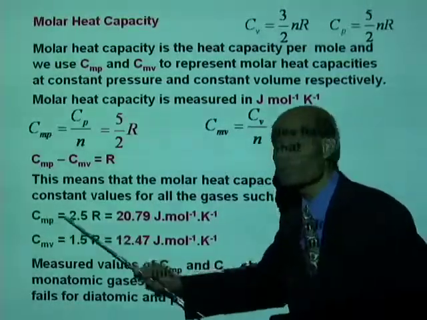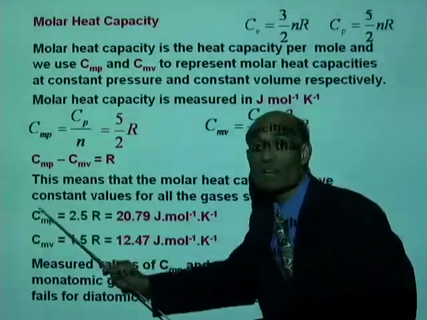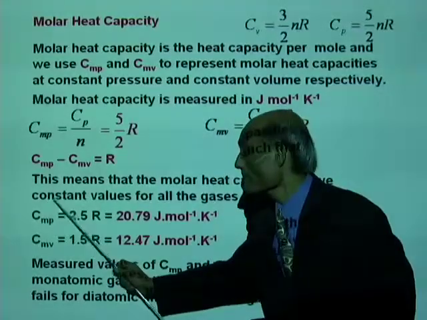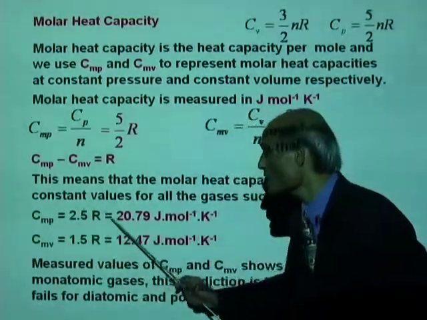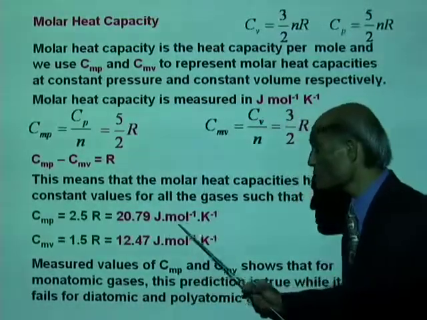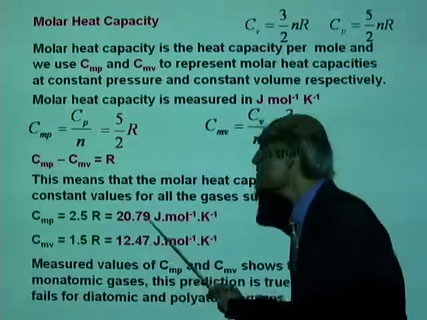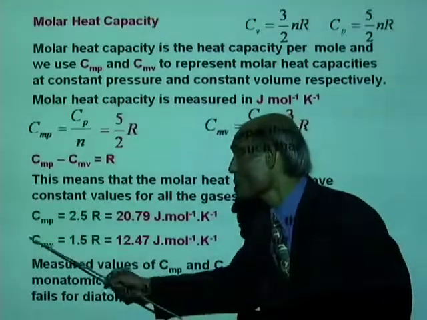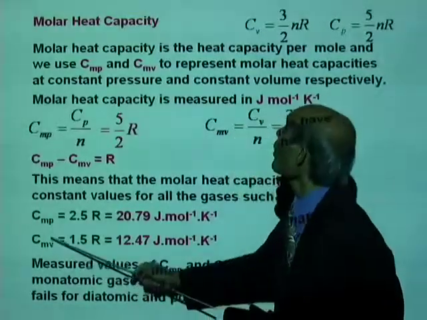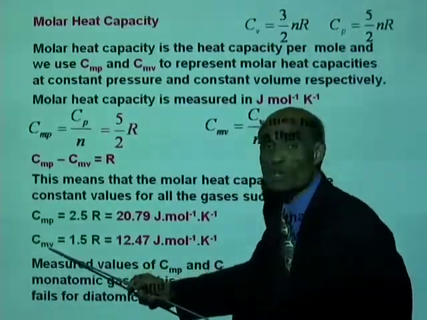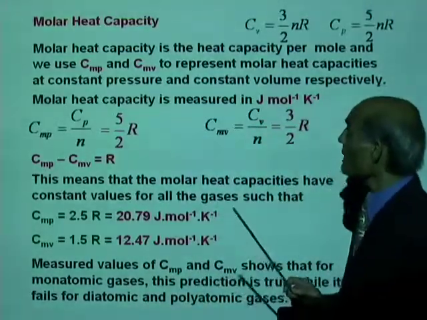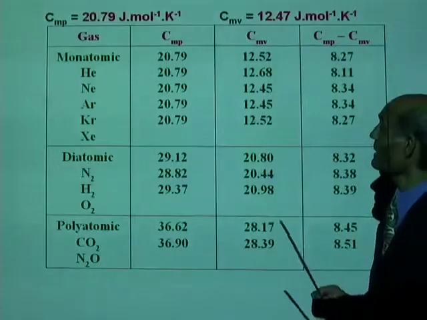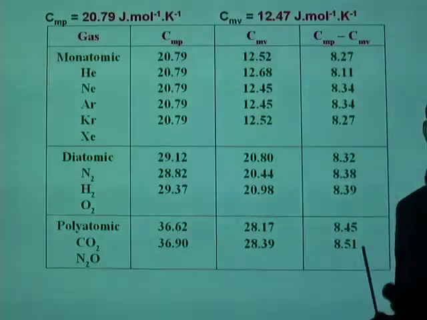So remember these values. We would expect the molar heat capacity at constant pressure for all gases to be in the neighborhood of 20.79, and the molar heat capacity at constant volume for all gases to be in the neighborhood of 12.47. Now look at the measured values.